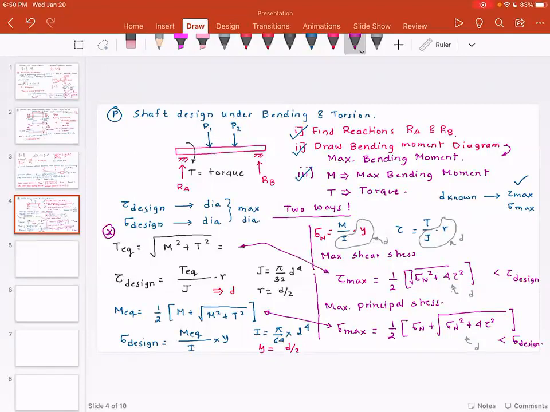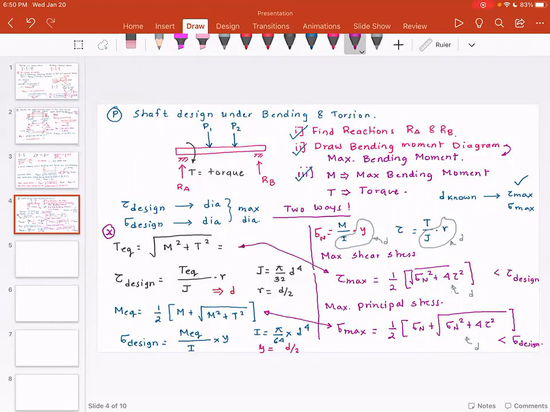This would be my choice because we would use this technique when we design the shafts for gears. When we look at shaft design in gears, we don't use the principal stress and tau max technique. We go with the equivalent torque and equivalent moment technique.